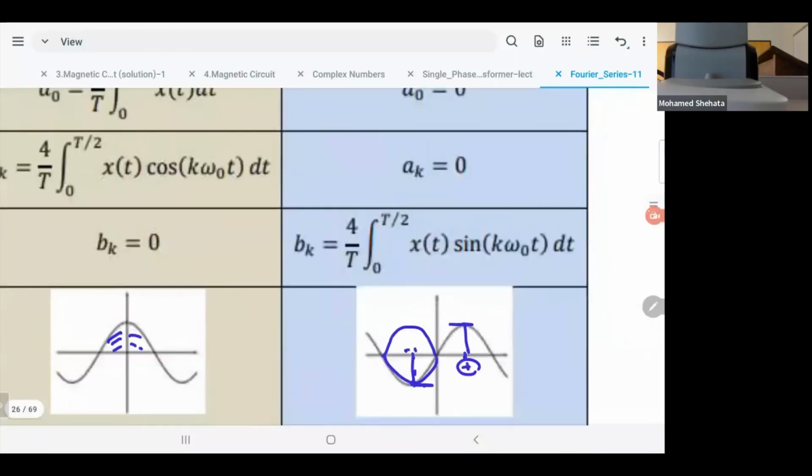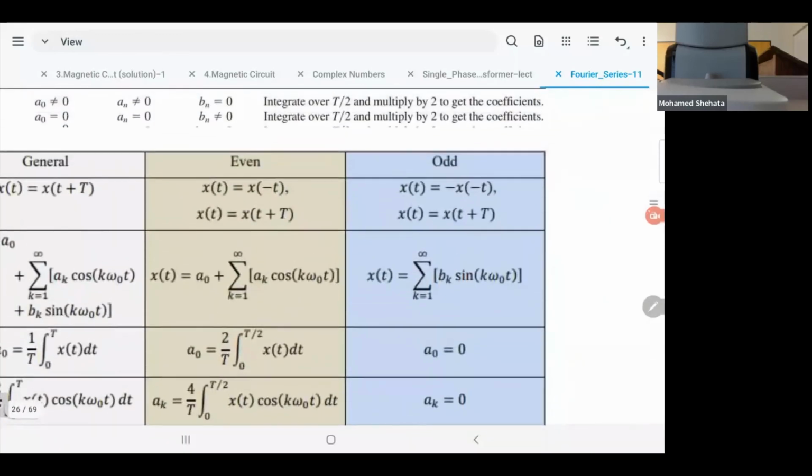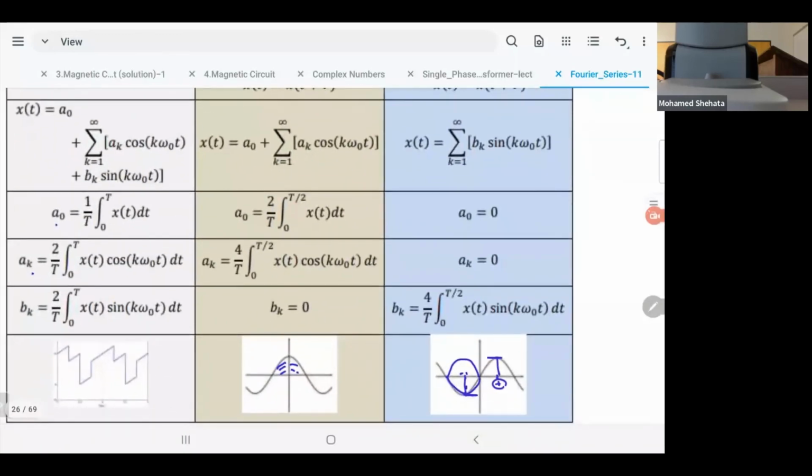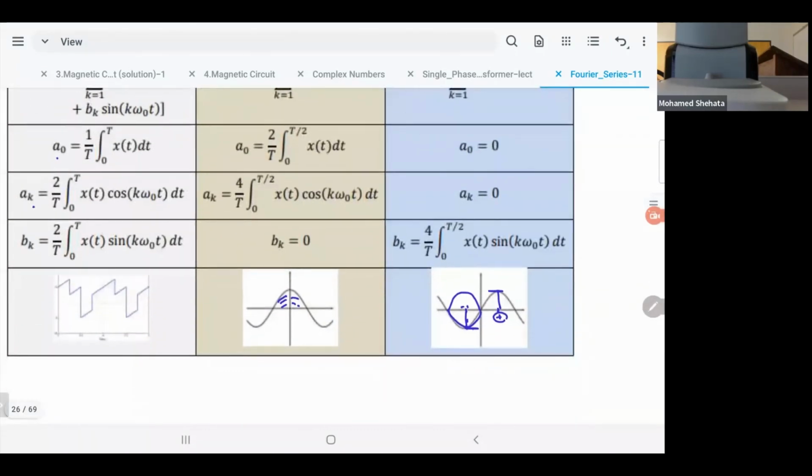We did that in the first classes. What happens if it's odd? Oh, that's nice. A0 is 0, a_k is 0. Opposite for it, any a. All right, what about b? The same thing. Multiplied by 2, integration from 0 to T over 2, only over half period. That makes life easy.